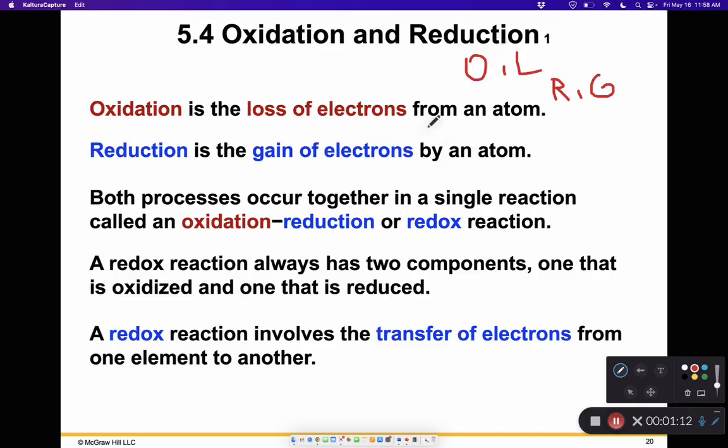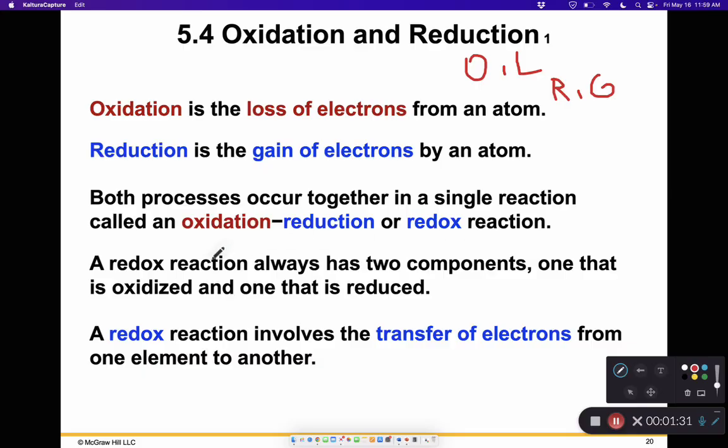We can define whether a certain process is oxidation or reduction by keeping track of electrons, whether they are lost or gained. And oxidation and reduction take place together simultaneously in a redox reaction.